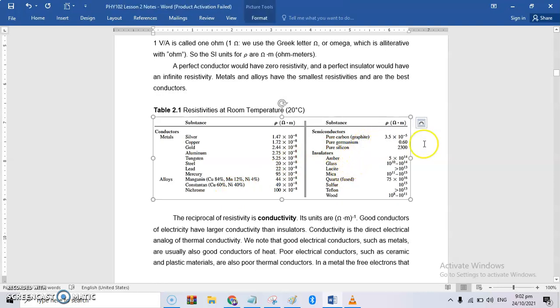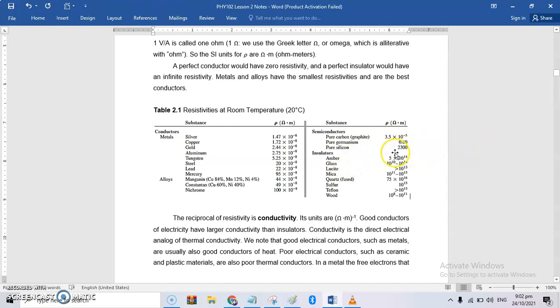Ito naman si semiconductor. Masyado nang malaki yung value, times 10 to the minus 5, compare kay metals and alloys, because sabi ko nga semiconductor is acting like a conductor and an insulator. So it is in between conductor and insulator.